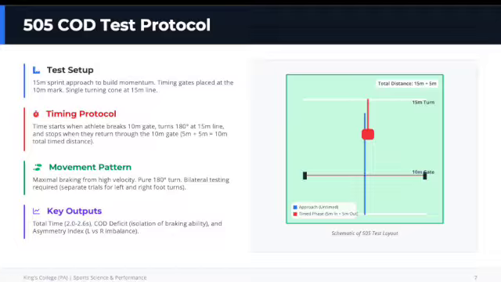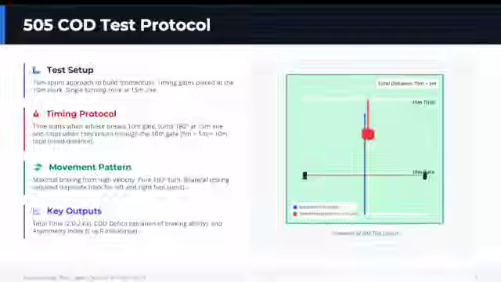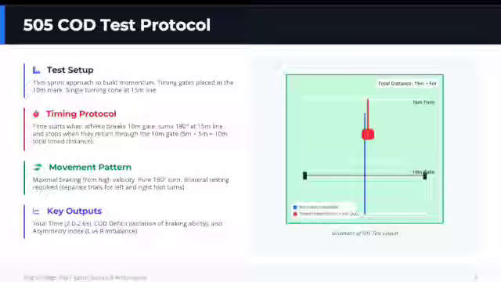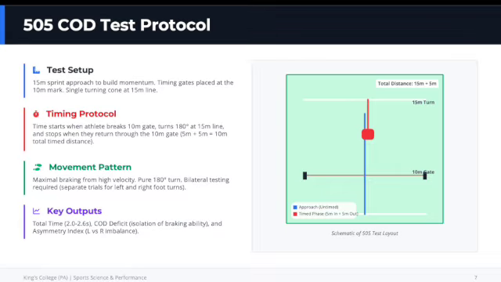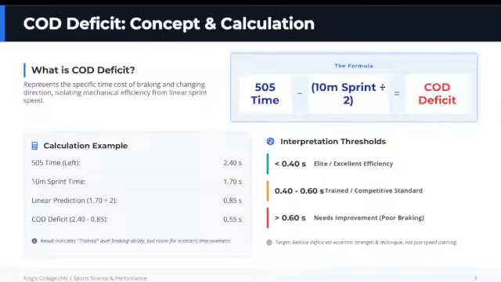The movement pattern is maximal braking from high velocity and a pure 180 degree turn. Bilateral testing is required, so separate trials for left and right foot turns. The key output, total time, is 2 to 2.6 seconds, plus change of direction deficit, isolation of braking ability, and asymmetry index. We will see this in a second.